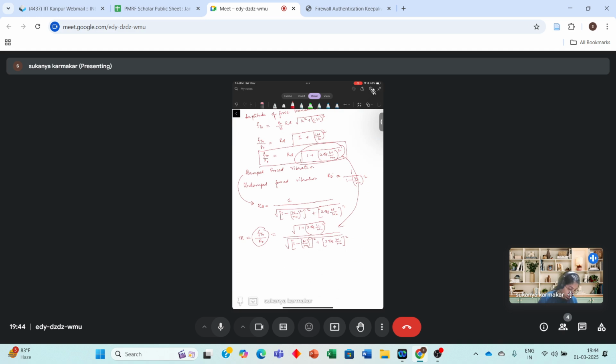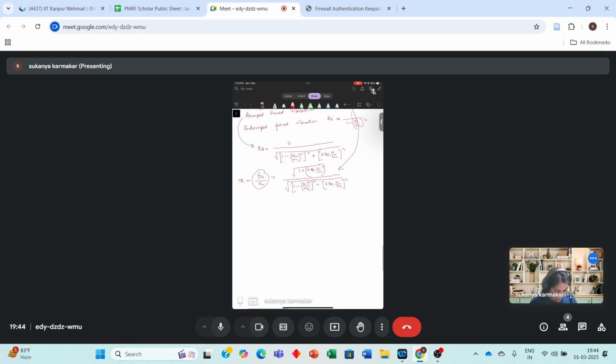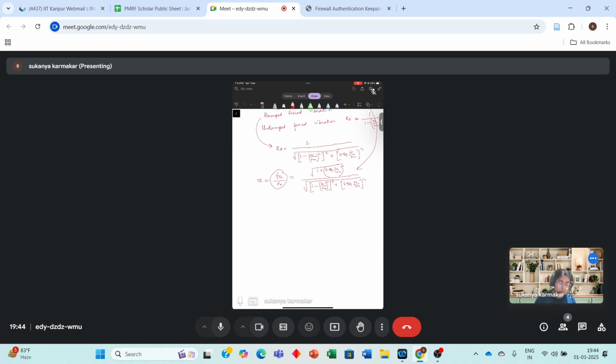So let's quickly do a question. Suppose you have a very sensitive instrument and its weight is 100 pounds, and it is to be installed at a location where the vertical acceleration is 0.1 g at a frequency of 10 hertz. I'll just write down the salient points in the question.